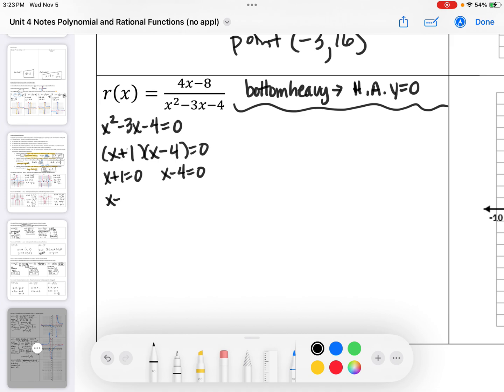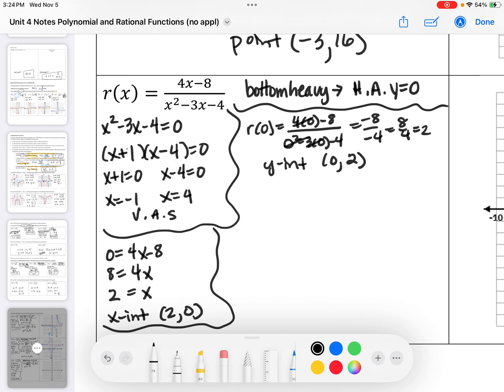Y-intercept is next, and that's by replacing every x with 0. Negative 8 over negative 4 is 8 over 4, which is 2. So we have a y-intercept at 0, 2.